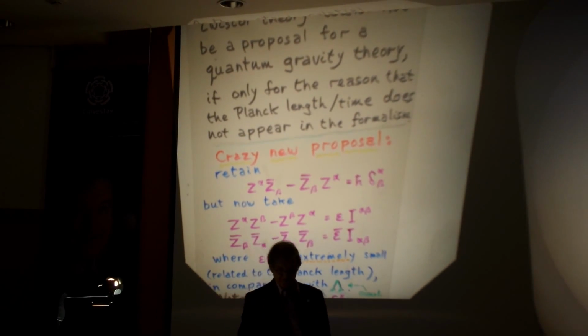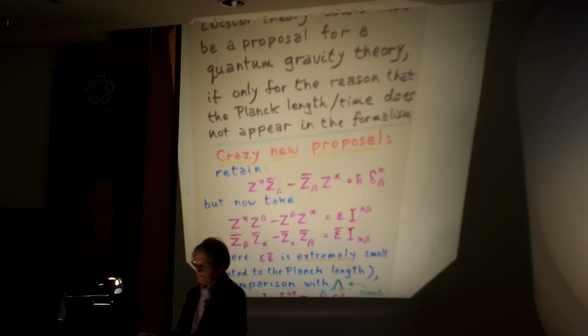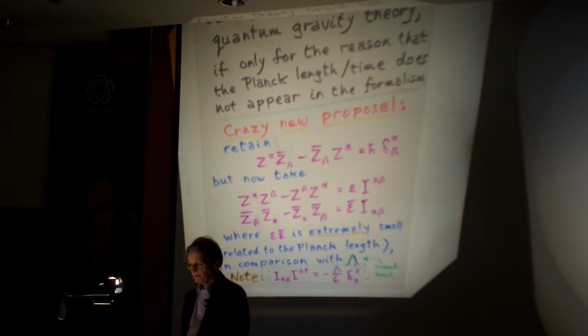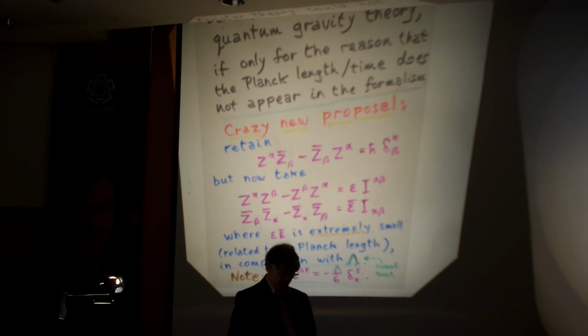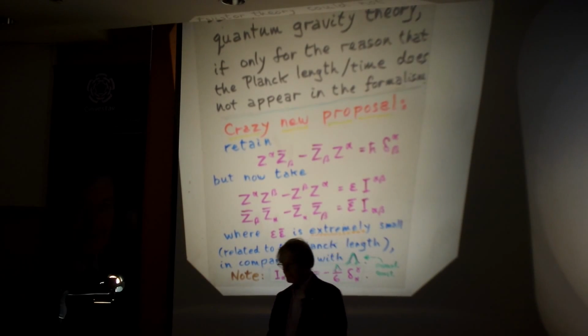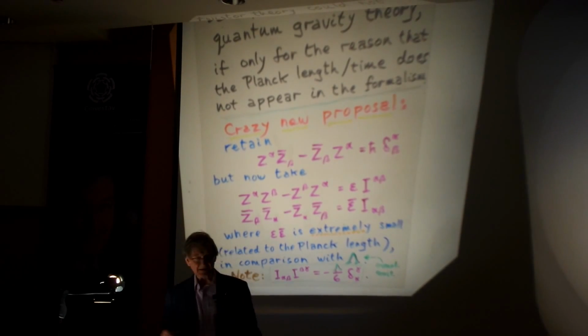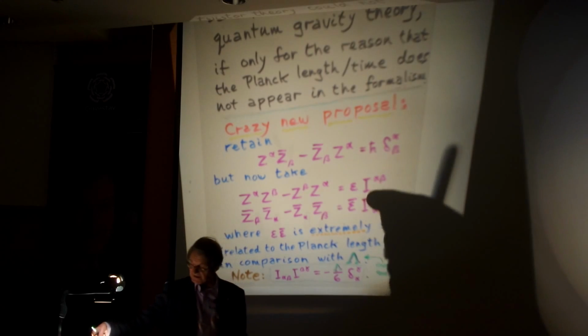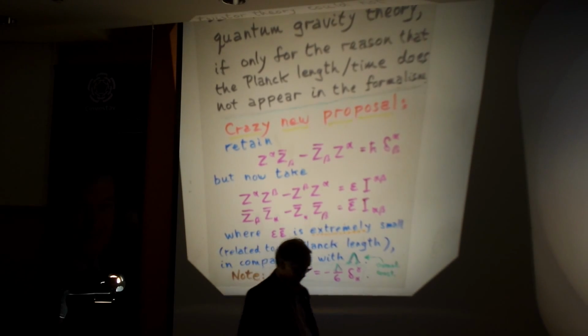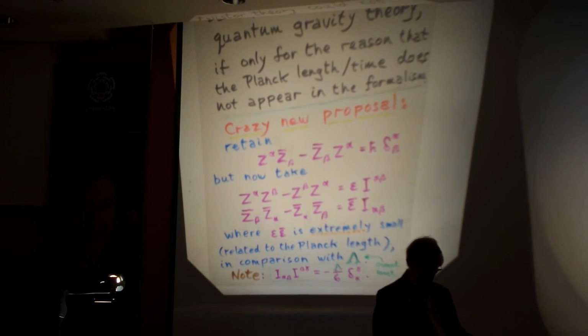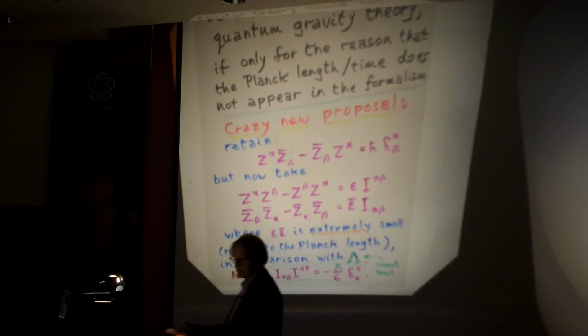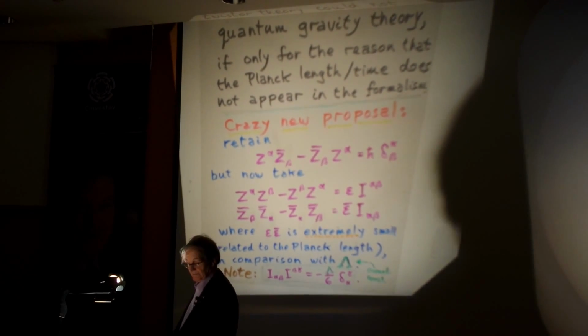Very early in twistor theory, I did wonder about whether the Z should have a commutation rule, or the Z bars as well. And I went home and fiddled with it for a bit, and I realized at that time, thinking that it was a cosmological constant, that my eyes were degenerate. And I fiddled around, and I saw you could get rid of it, and it was back to the commutation. It didn't do anything. You were back to here.